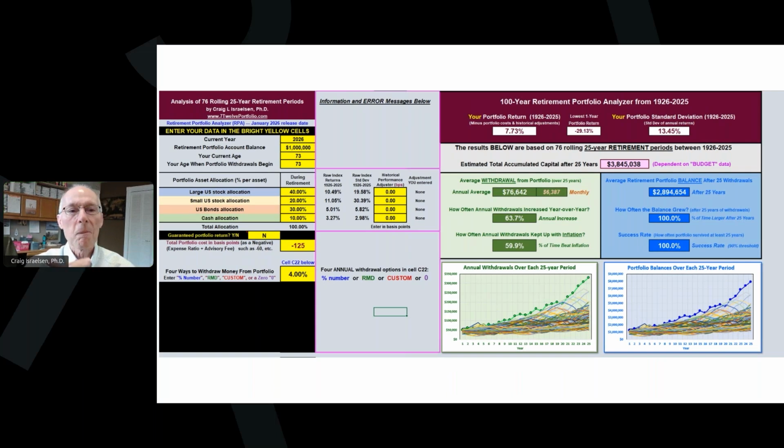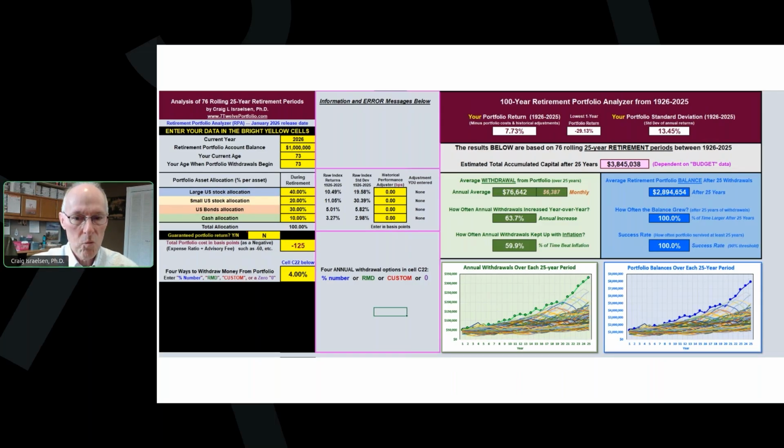How is it possible? Well, here's the real caveat. All of this analysis assumes that the retiree, the investor, stayed in the portfolio. They did not bail out. That's a huge caveat. But it's also a reminder that that's how we get long-term results, by staying with the plan long-term. 18 months is not long-term. 3 years is not long-term.